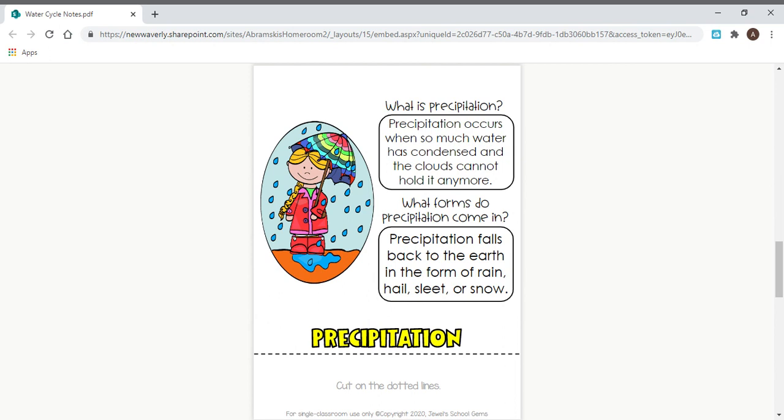So this is very important to know. Precipitation falls back to the earth in the forms of rain, hail, sleet, or snow. So it depends on how cold it is for sleet or snow to happen. And then rain, obviously it's not so cold, so it will have rain for the precipitation instead.